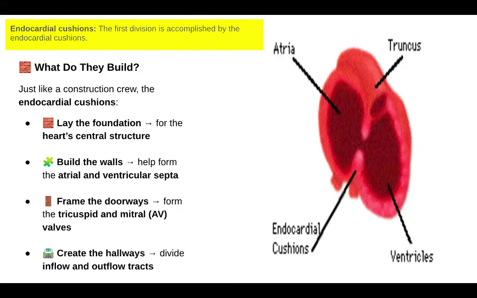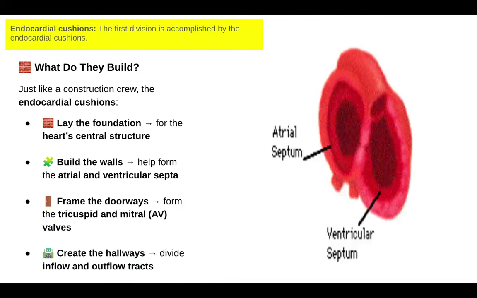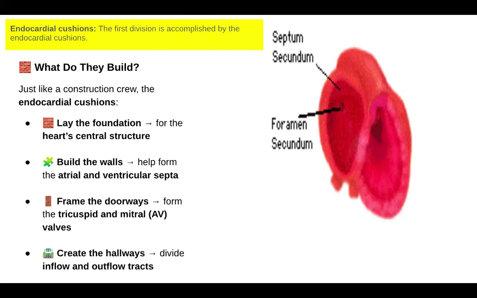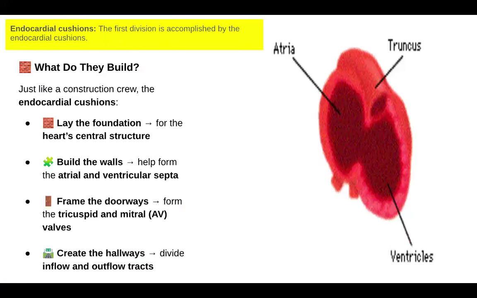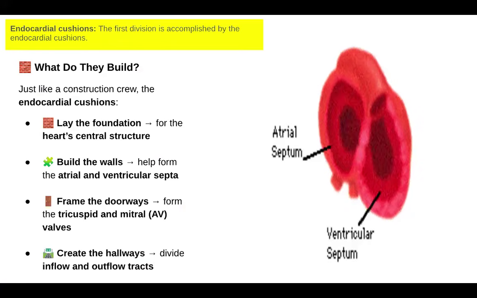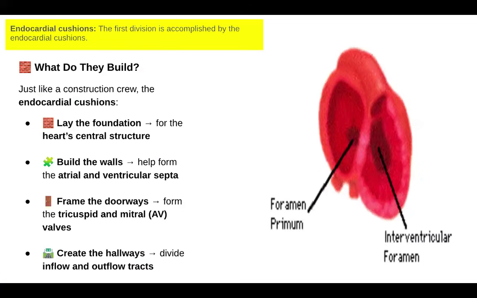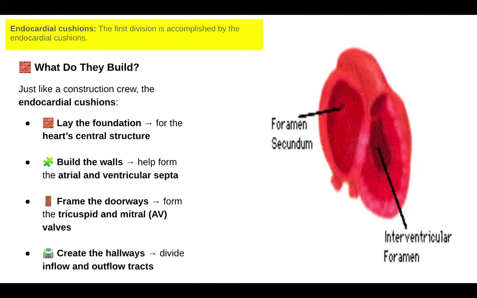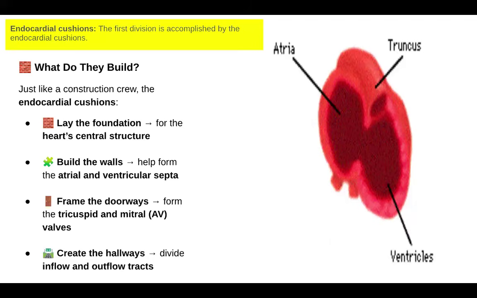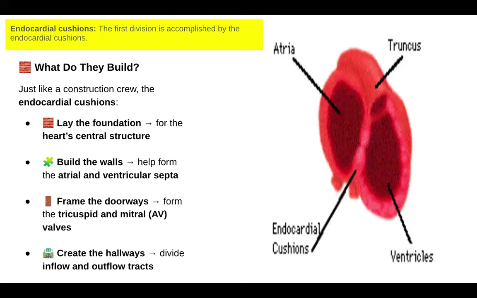All right. Now, when you have the merging of these vascular spaces, endocardial cushions are part of that process. I laid out an outline comparing it to a builder of a house. The endocardial cushions lay the foundation for the heart's central structure.